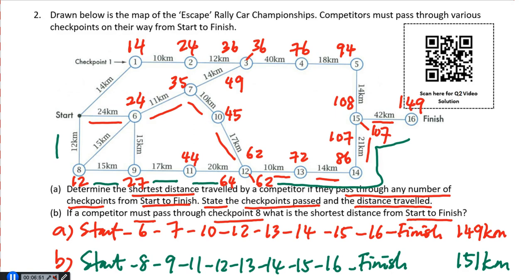So I travel from start to 8, 9, 11, 12, 13, 14, 15, 16 checkpoints, and then I end up with the last one, which is finish. And the total route involved will be, from here 62 now becomes 64. You have an additional of 2, so 149 plus 2, I end up with 151. So that is the shortest distance traveled, and this is basically the check route.